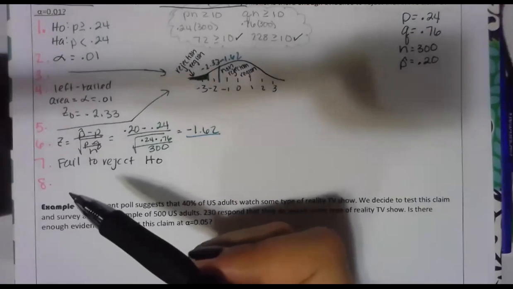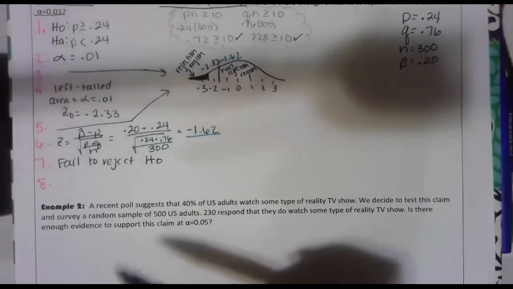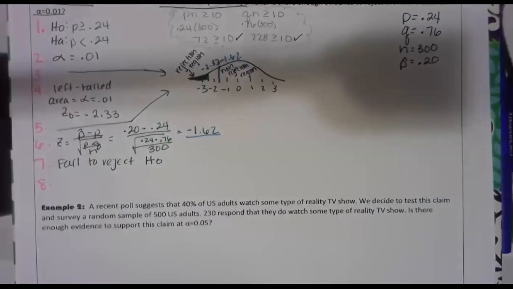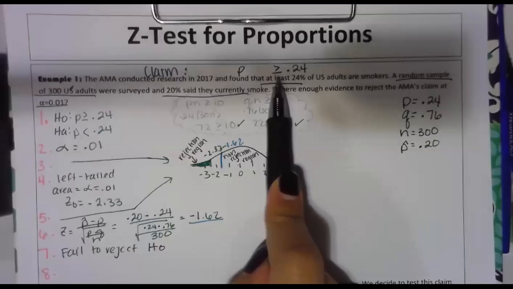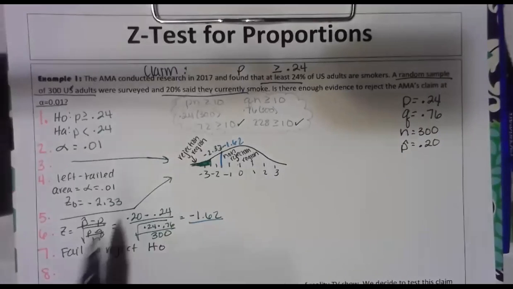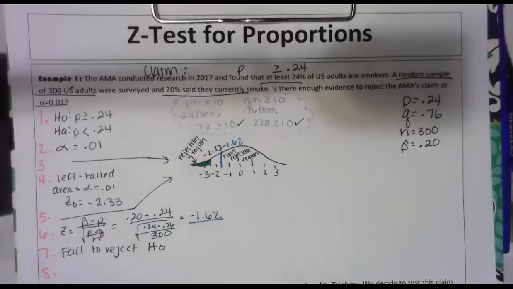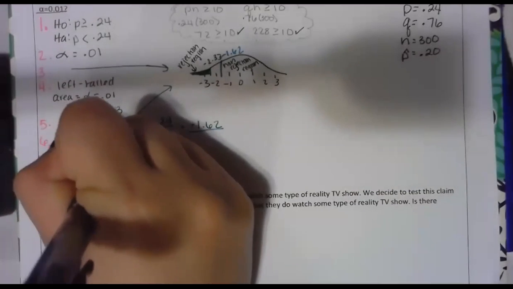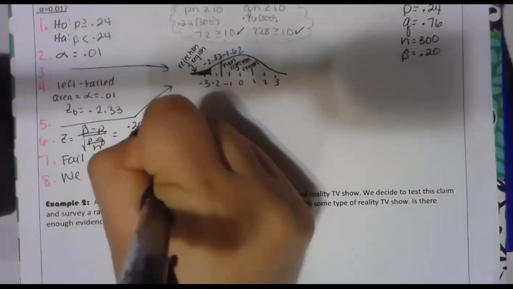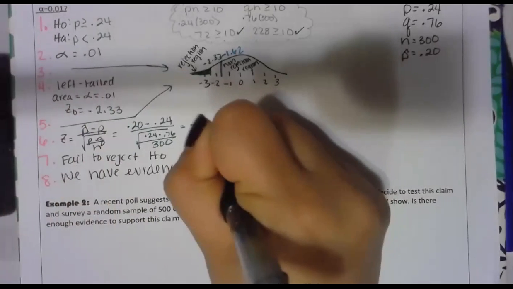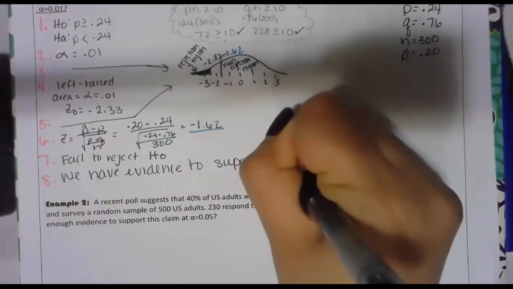All right, and so then your last step is to write this in terms of everything else. Okay, define in terms of your claim. So remember that your claim was that at least 24% of US adults are smokers. You failed to reject it, so you found enough evidence. So you have evidence to support the AMA's claim.